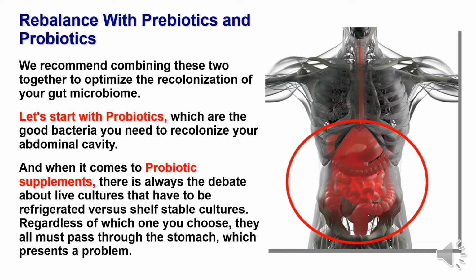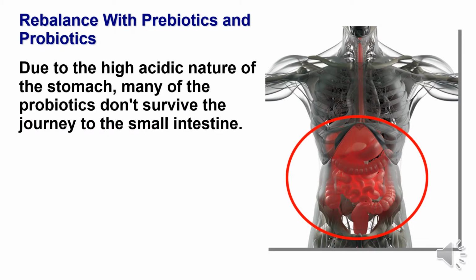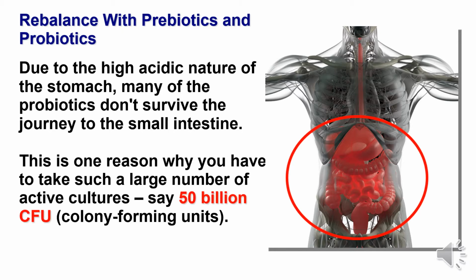Regardless of which one you choose, they all must pass through the stomach, which presents a problem. Due to the high acidic nature of the stomach, many of the probiotics don't survive the journey to the small intestine. This is one reason why you have to take such a large number of active cultures, say 50 billion CFUs, which is colony-forming units.